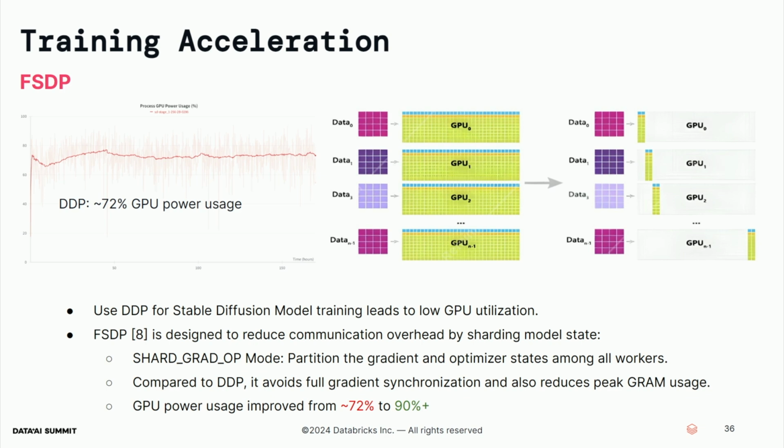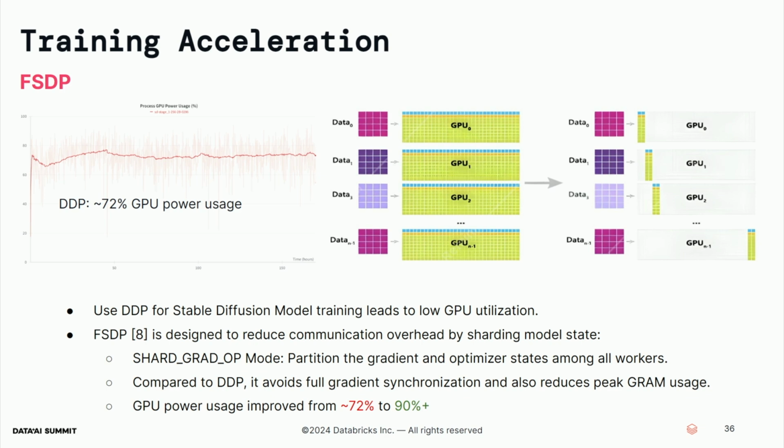The problem for DDP is that training on DDP requires each worker to have a full copy of your model state. The model state here refers to your model weights, the gradients, and your optimizer states. So you cannot accommodate a large batch on, for example, A100s. And also it requires the full gradient syncing.